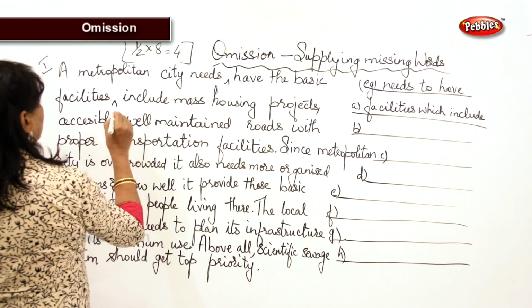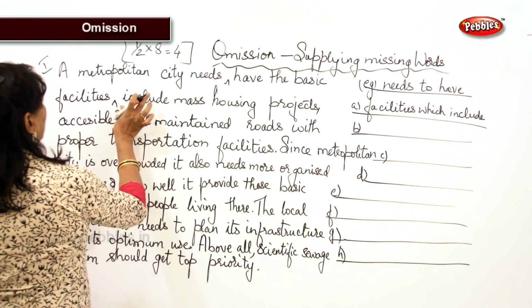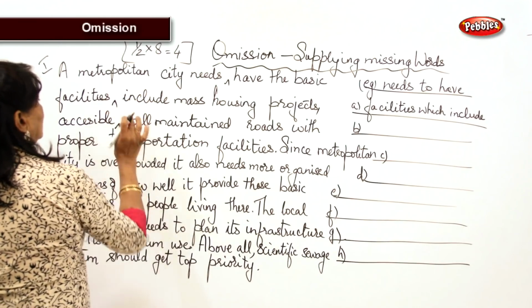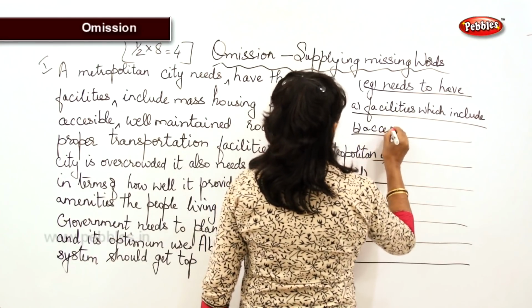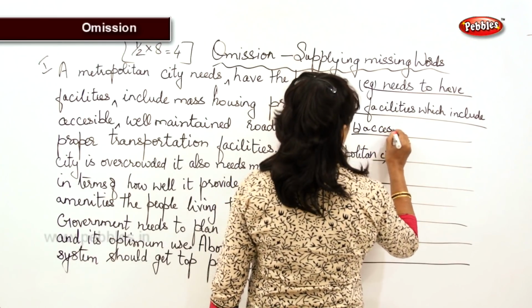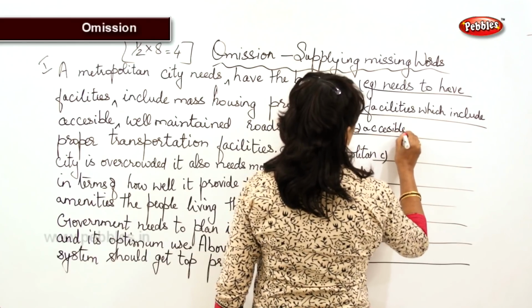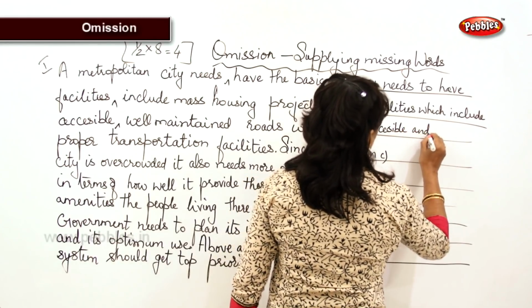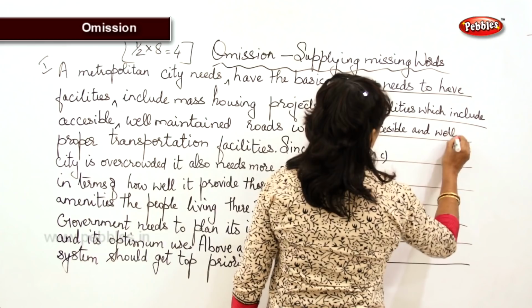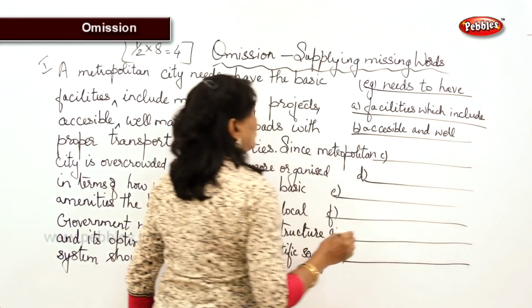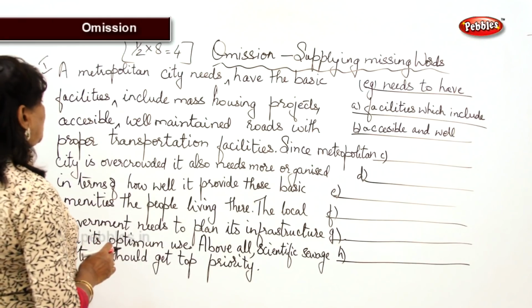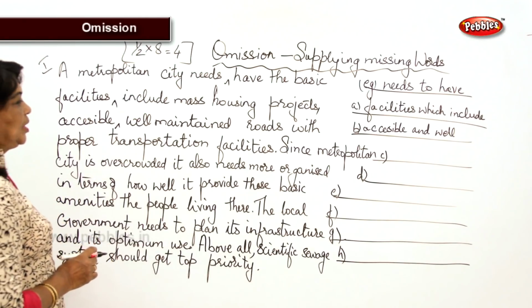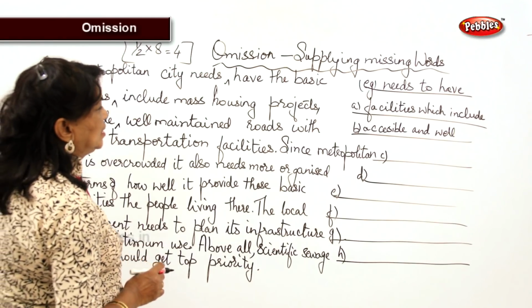Accessible, here, and well maintained roads. Okay, accessible and well maintained roads with proper transportation facilities.